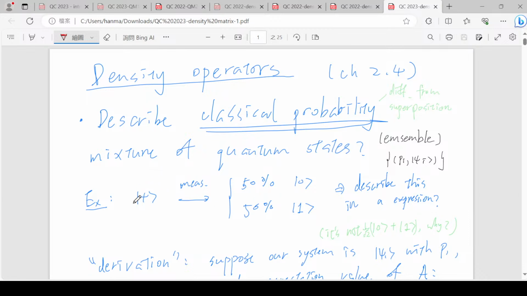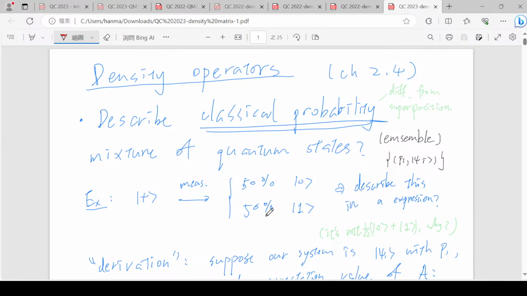We have this example of the plus state getting measured in the computational basis, and it becomes 50% 0, 50% 1. If we cover up the measurement result, and we don't know which one we got, then we have a probability mixture of the 0 state and the 1 state.